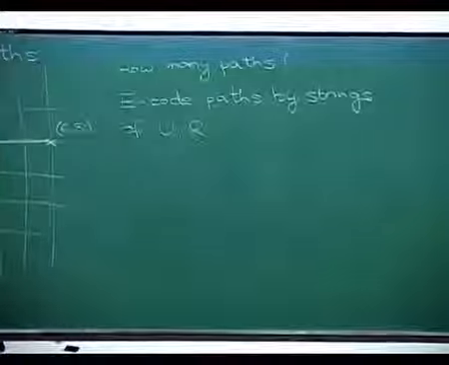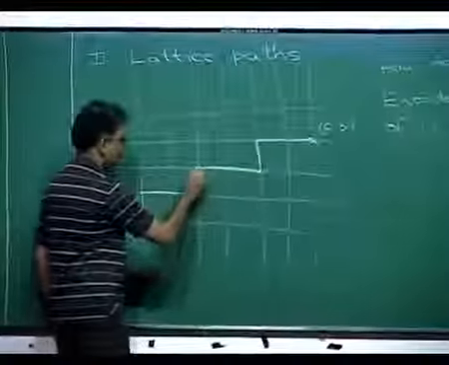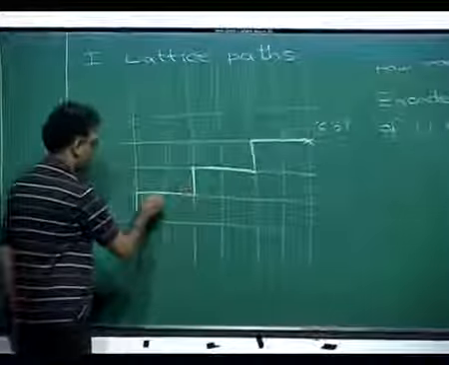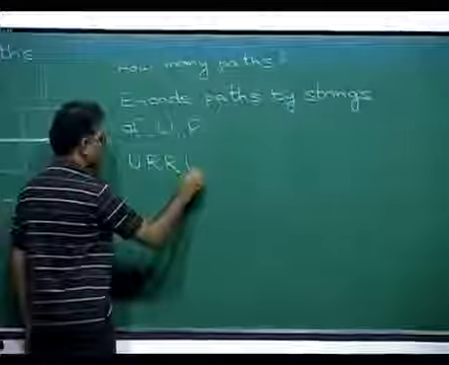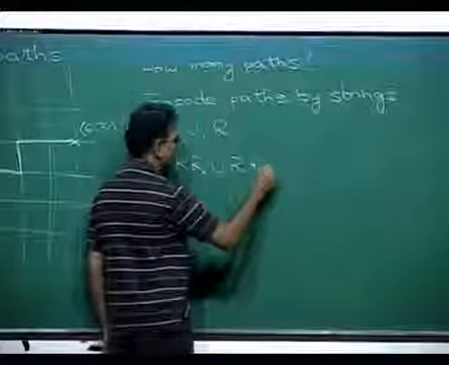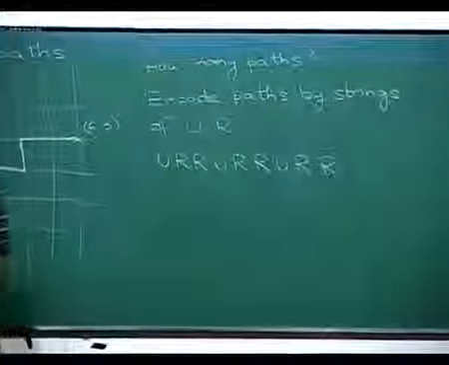For example, this path that I have marked here: you start at 0, 0, going up, 2 R's, 1 U, 2 R's, 1 U, 2 R's. So U, R, R, U, R, R. It is encoded by this string of letters.